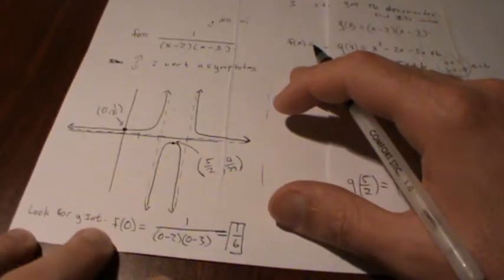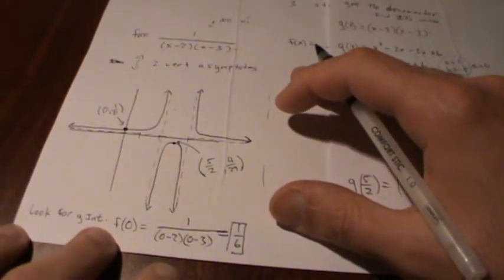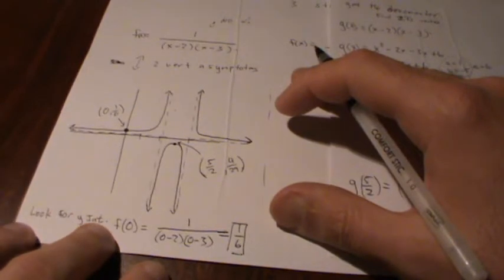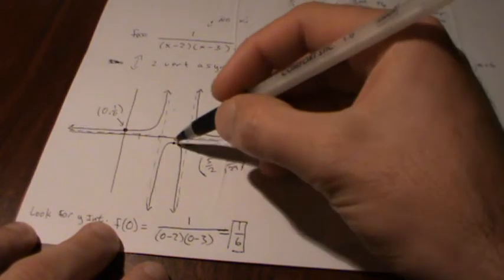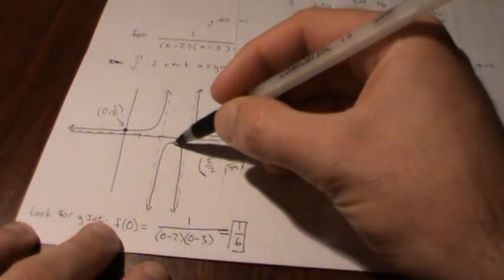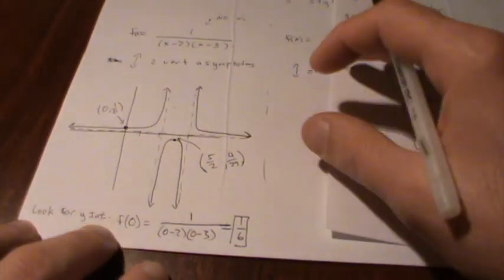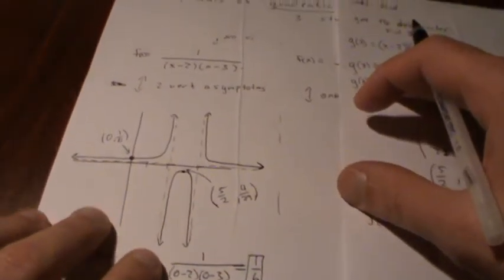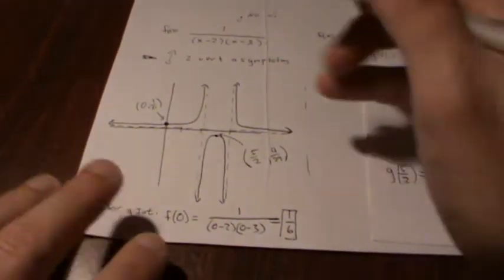All right. And those are the two main points that we'll be able to find on this, okay? And the reason why you want to find this point right here is because now we can talk about the domain.